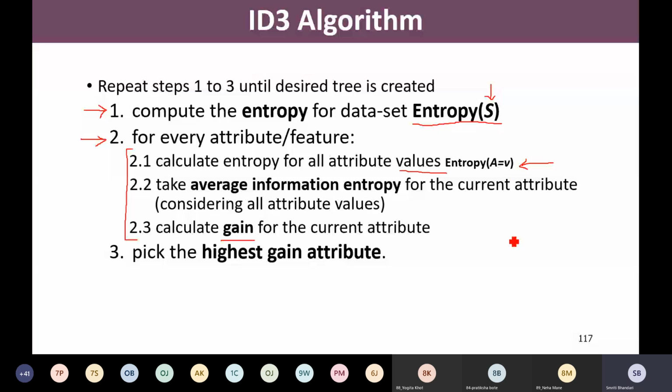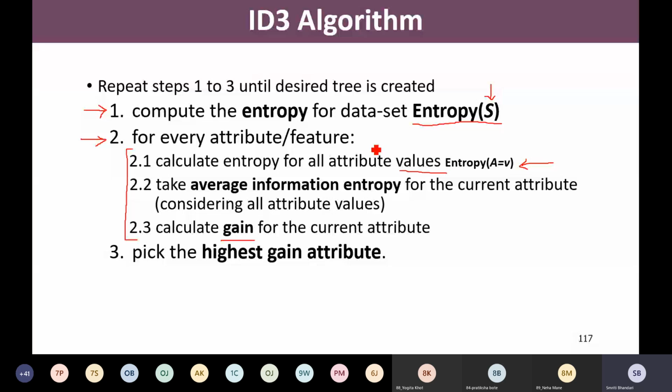We have the mathematical formulae for computing all those parameters. I am going to give you those formulas as well, but please remember the steps first, and then we'll proceed with the formulae. So in step 2.3 we are going to compute the gain for the current attribute, and this step number 2 is repeated for every attribute in the data set.